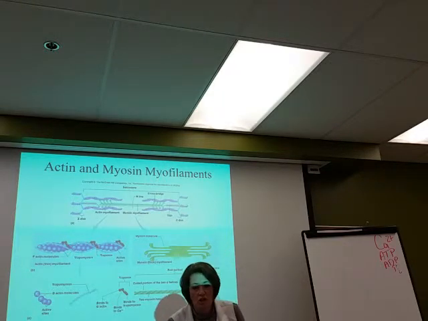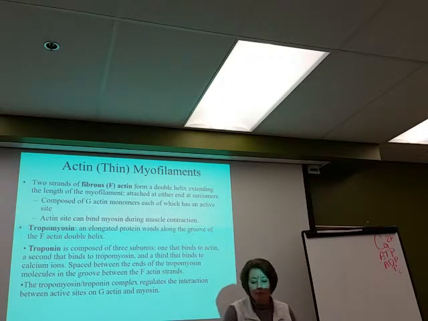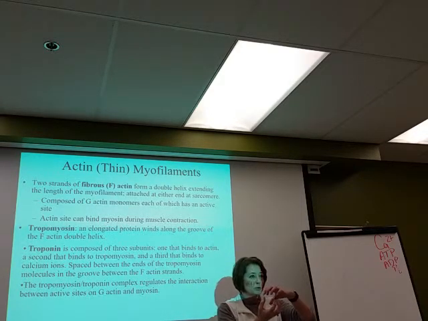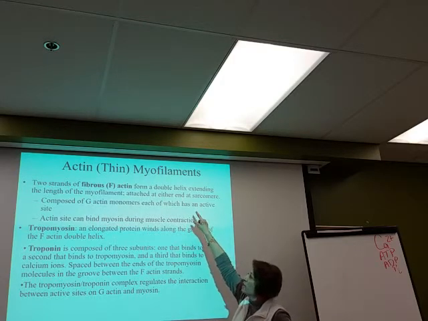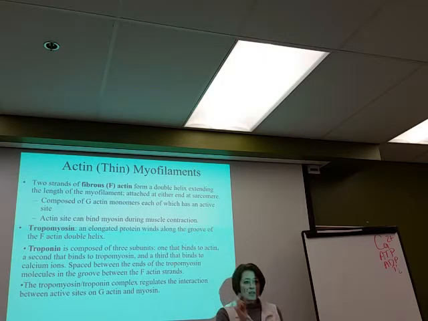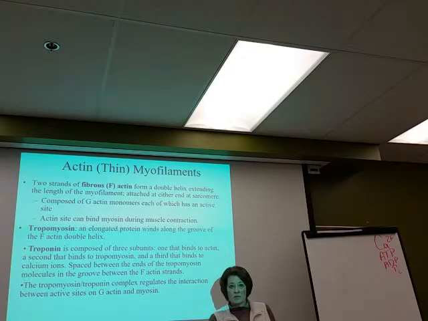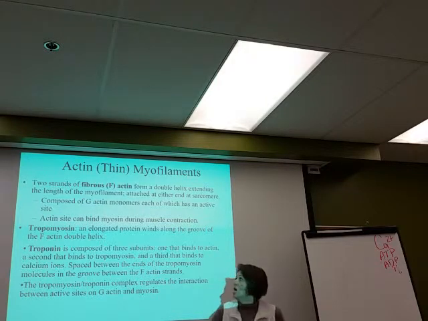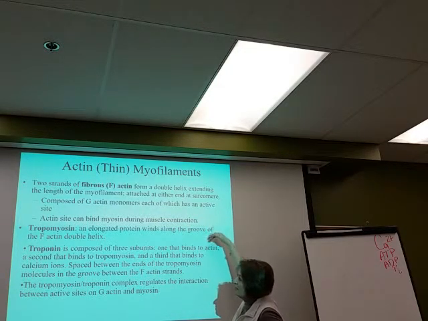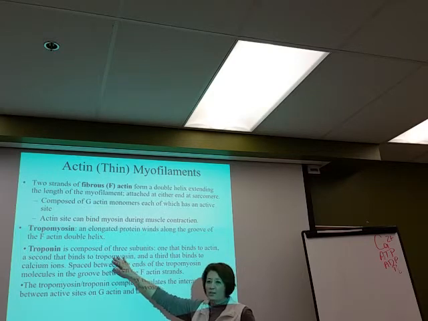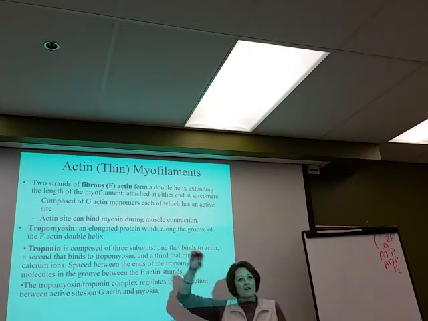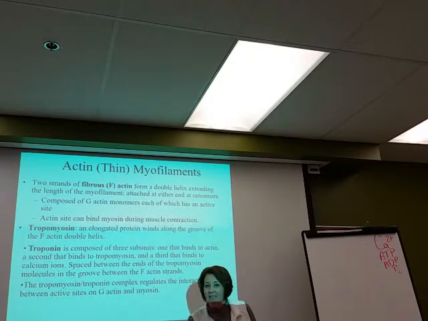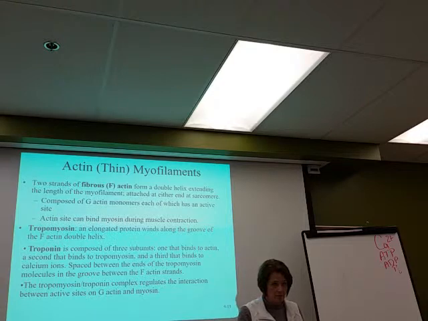So if we look at these structures, like I was saying, those actin globes form the double helix. Those globes have an active site. What we find is the tropomyosin and the troponin function to cover up the active sites.